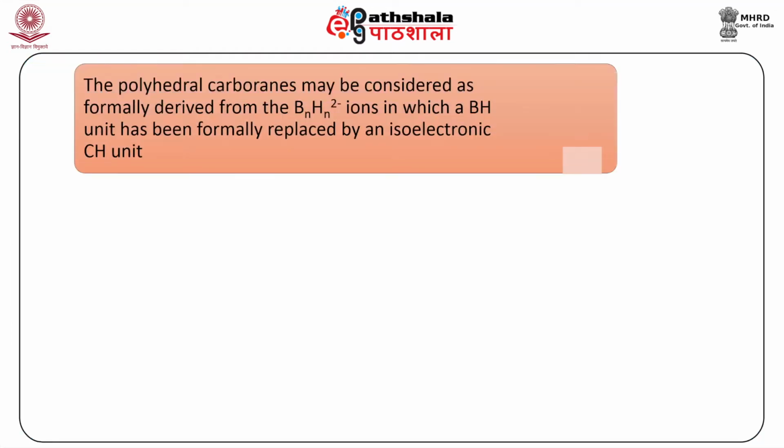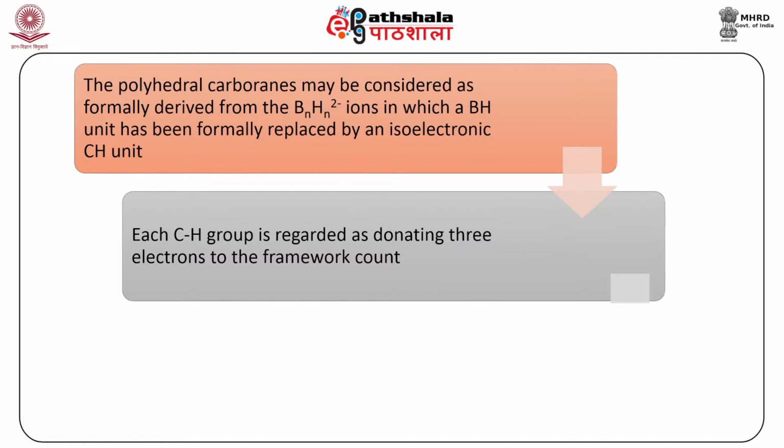The polyhedral carboranes may be considered as formally derived from the BnHn2- ions in which a BH unit has been formally replaced by an isoelectronic CH unit. Each CH group is regarded as donating 3 electrons to the framework count.